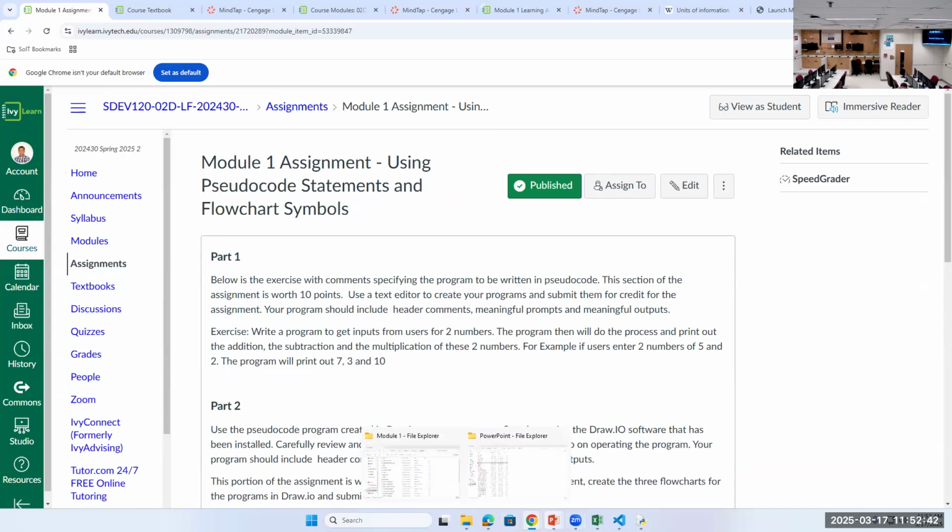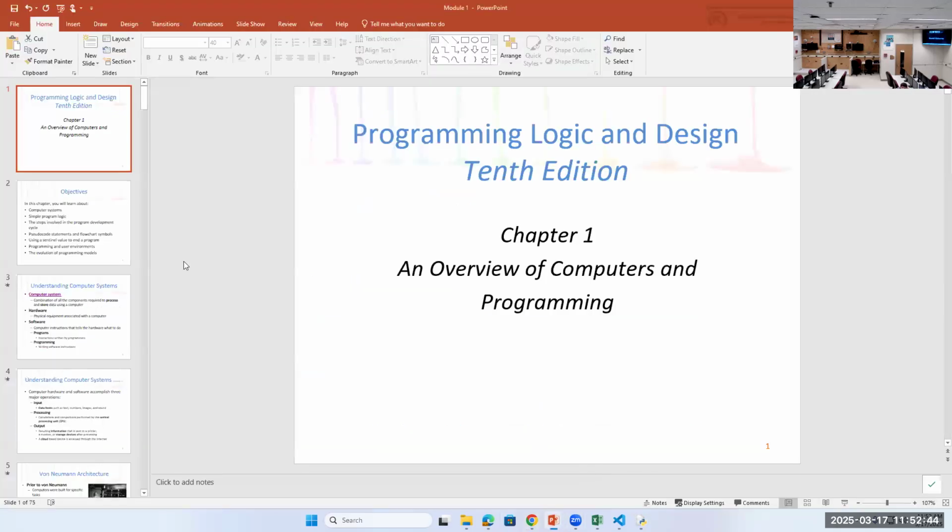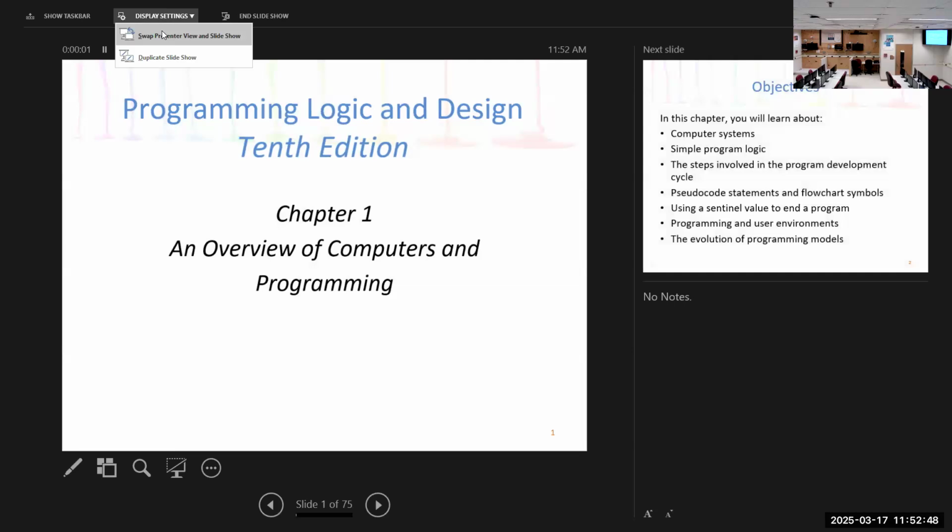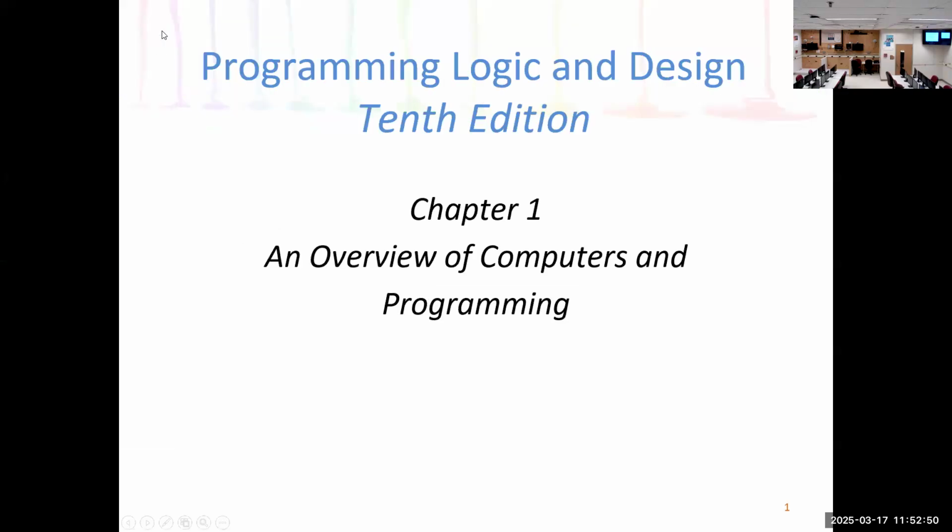Okay. So the first step, I want to go over chapter number 1. Chapter number 1 is about the overview of computer programming.